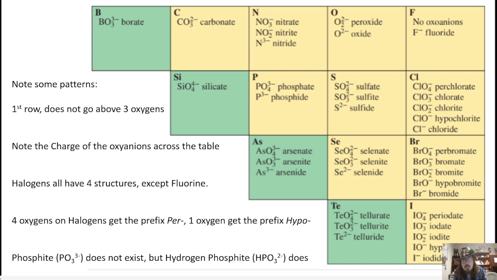So why can row 3, row 4, row 5 all have 4 oxygens when row 2 could not? That has to do, one, with the atoms being bigger. They're larger, so they're able to fit the oxygens around them. And second, they have empty 3d orbitals. Remember, in row 3, you fill up the 3s, you fill up the 3p, and you have an empty 3d.